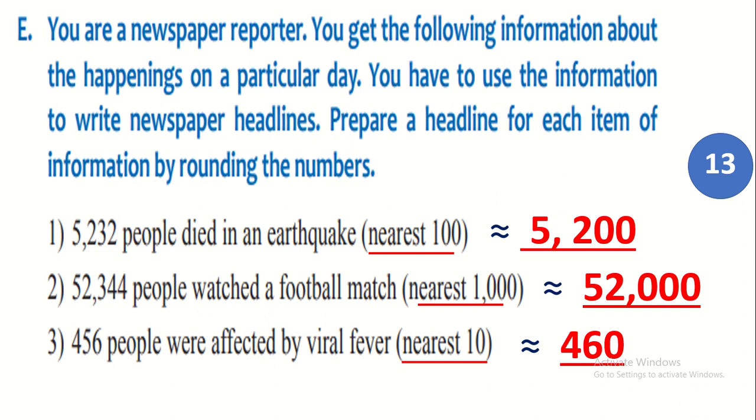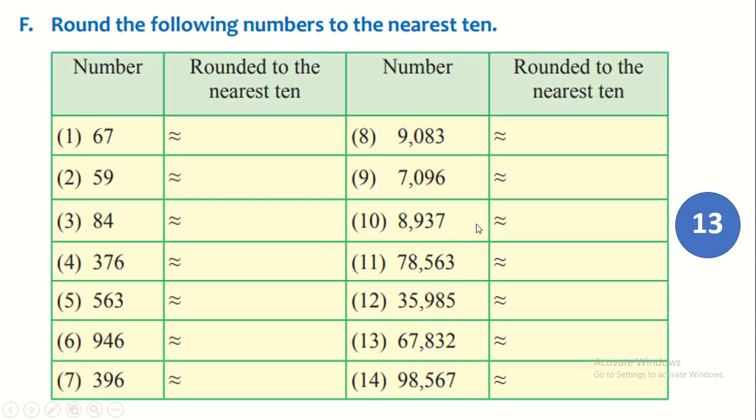Okay, very good. Now let's move to your next exercise. Letter F. You have 14 items here, 14 numbers. Round the following numbers to the nearest 10. For number 1, the tens digit is 6, but the next is 7.